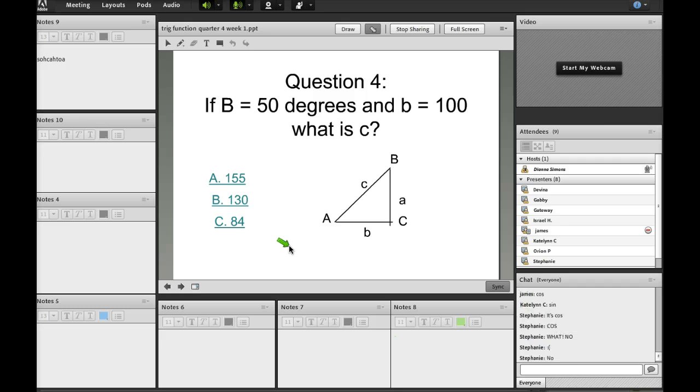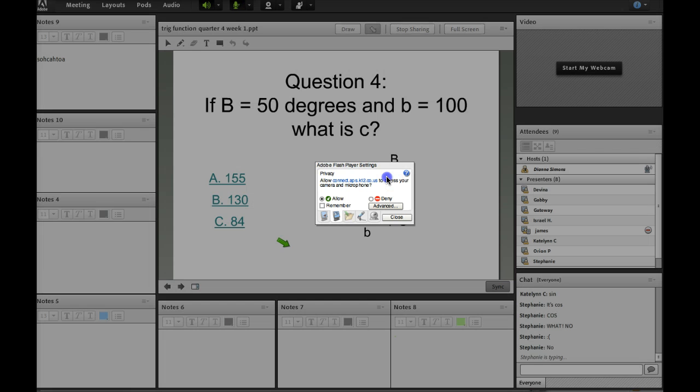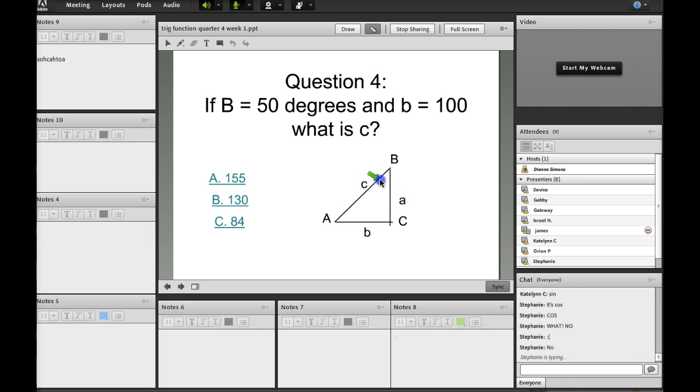Because it's opposite. We know this angle right here. We know this side, and so we know the opposite. What we want to know is the hypotenuse. Does that make sense? So we use sine. Write down that SOHCAHTOA, and that'll help you.